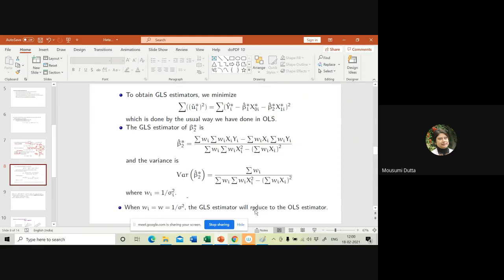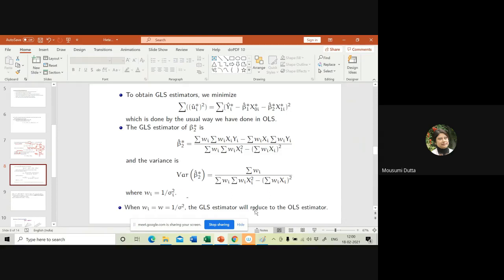Now, in the next step, to find out the GLS estimator, we minimize the residual sum of squares. Now, the residual sum of squares will be calculated on the basis of ui star, not ui.